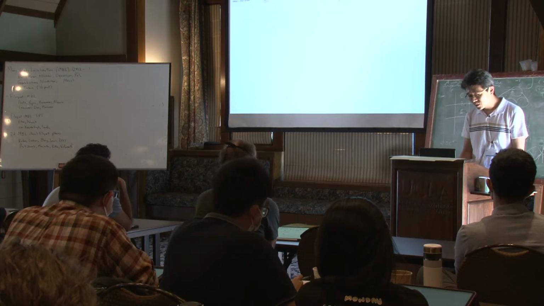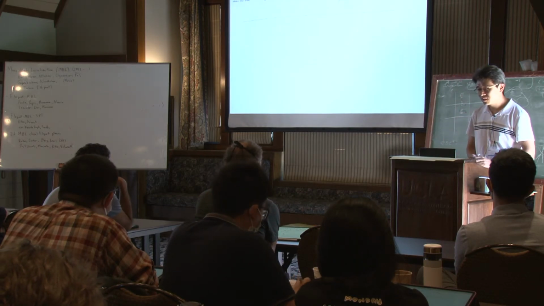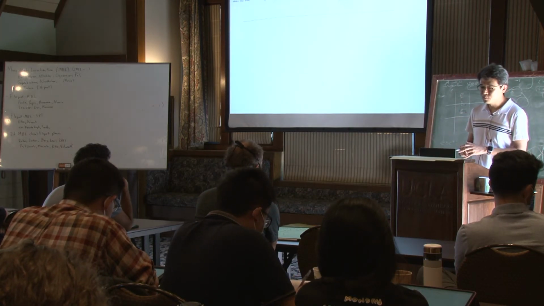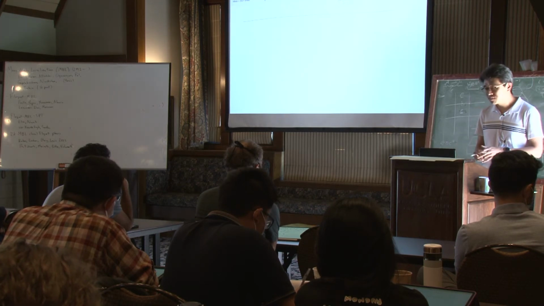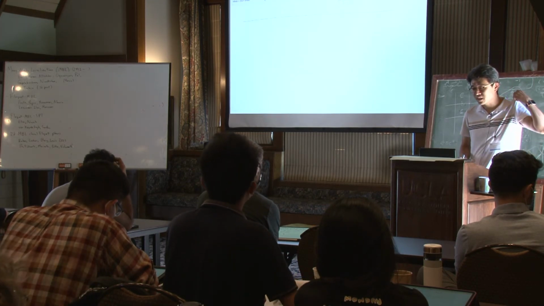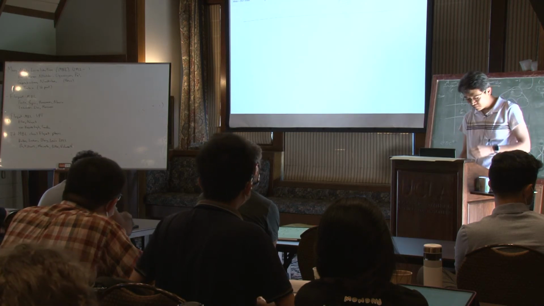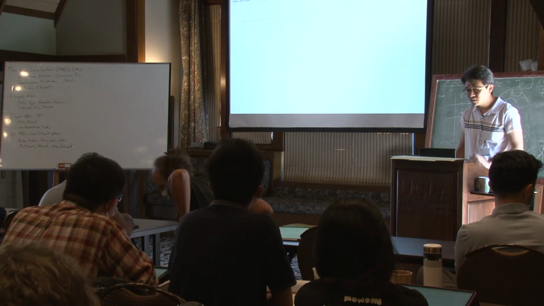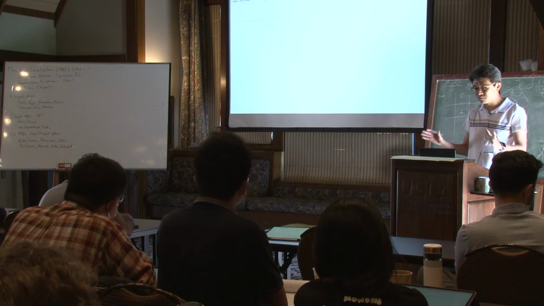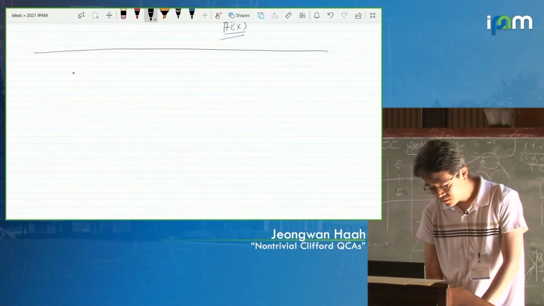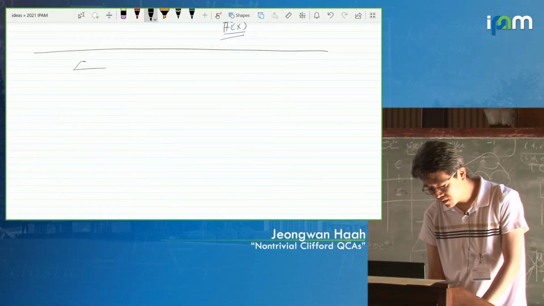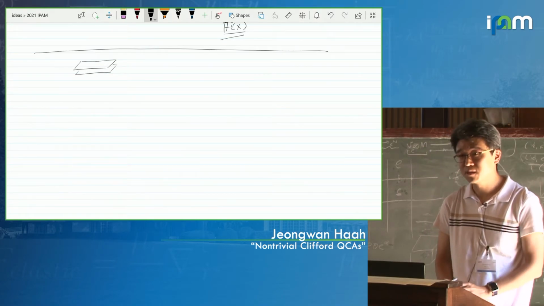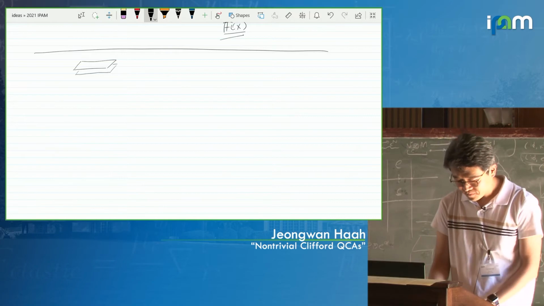Okay, so what about the further? Let's move on to more examples of three-dimensional Clifford QCA. We're now leaving the algebra part, but more the pictorial part. So there's another construction of Walker-Wang states based on the coupled layer construction.